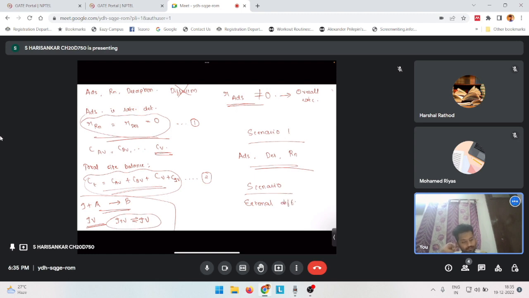In scenario 2, you can have either external diffusion as the rate limiting step or the reaction as the rate limiting step. Everything else, adsorption, desorption, and internal diffusion, are not rate limiting and you can take their rate as 0. So this is scenario 2.